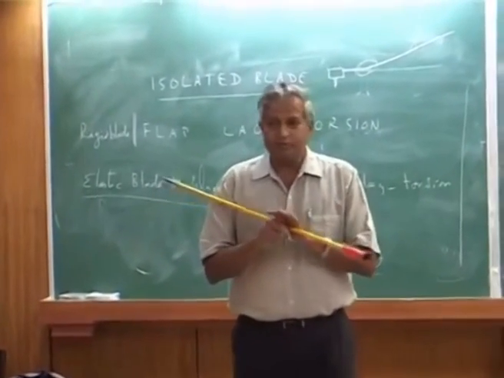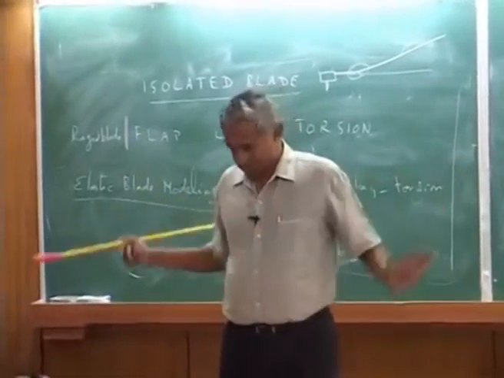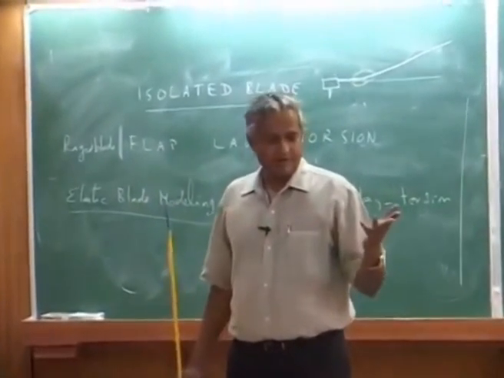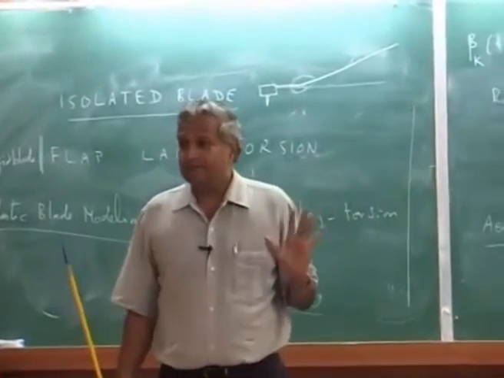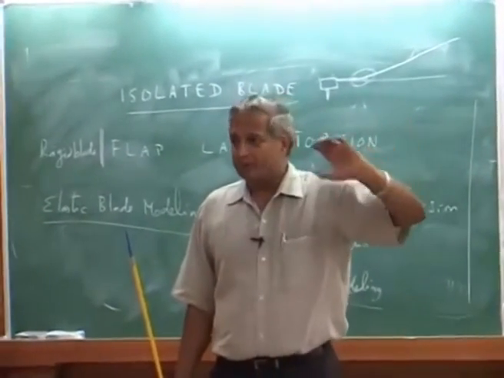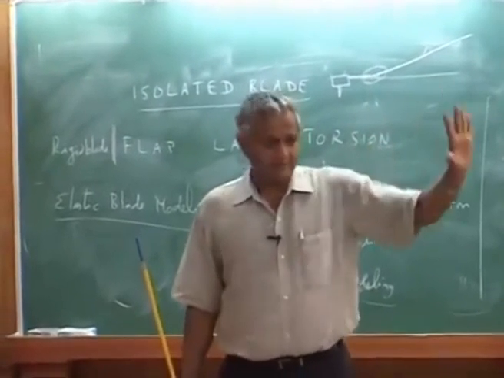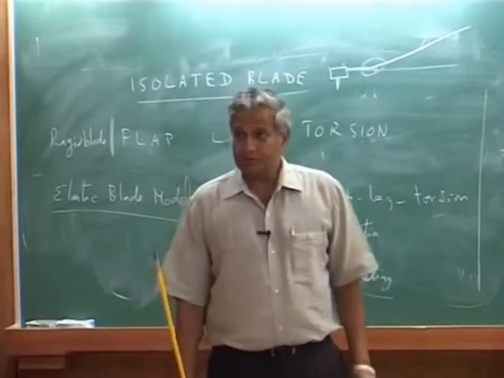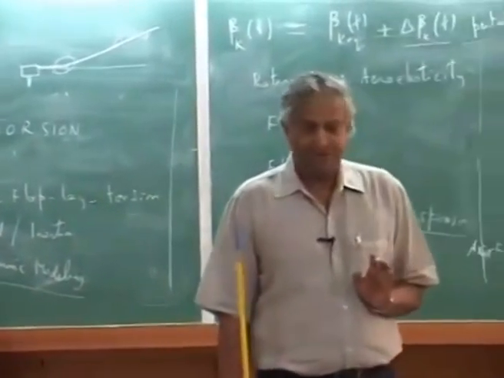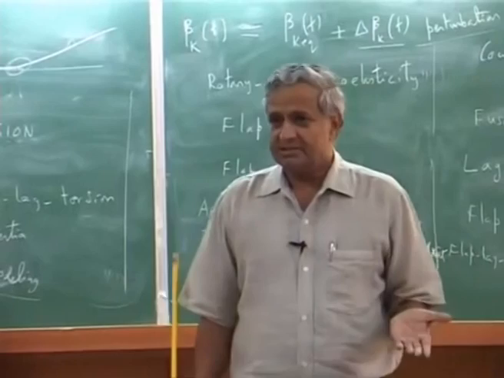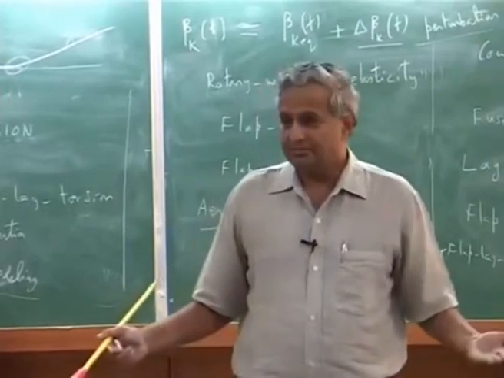You have developed your flap lag equations, assuming you know the inertial load, aerodynamic load and root spring model. You have developed coupled flap lag equations. But those equations will be nonlinear. Then how do you solve stability, equilibrium?